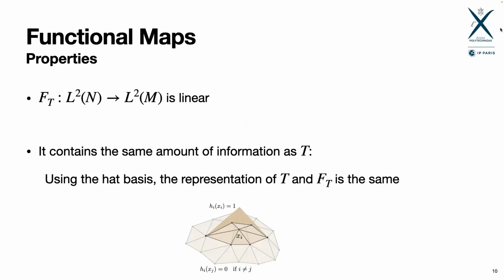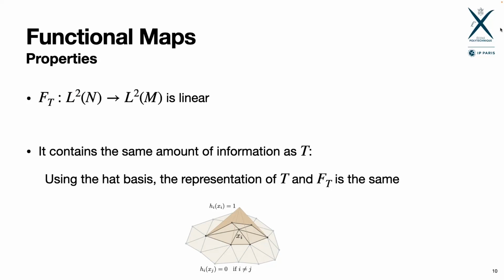The two main properties are that FT, the functional map, is linear, and it contains exactly the same information as T under some assumptions. Let's just say, at least on a discrete triangulated surface, if you express every function as its value at every vertex, it is essentially a hat basis, where you define continuous functions which take a value on the vertex and then decrease linearly to 0 at every nearby vertex.